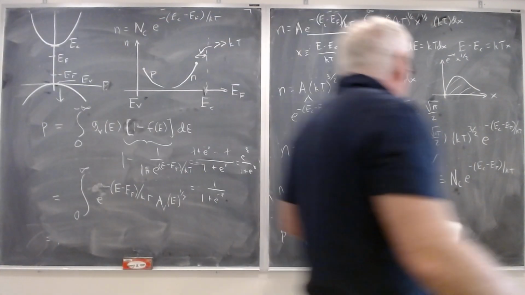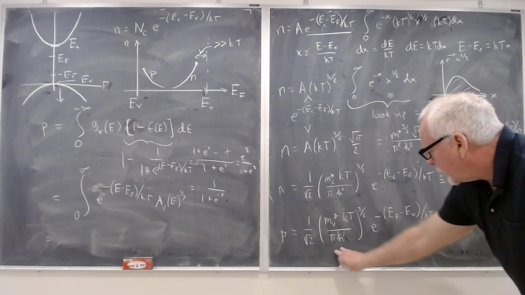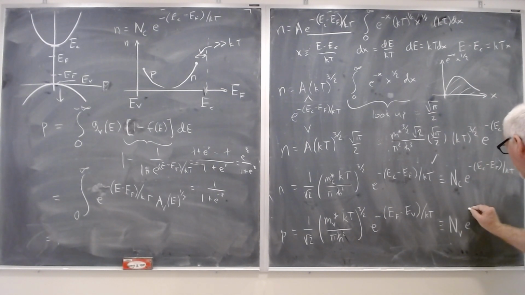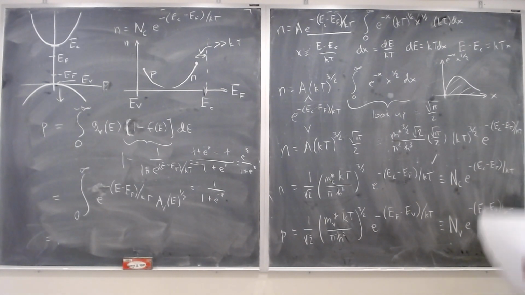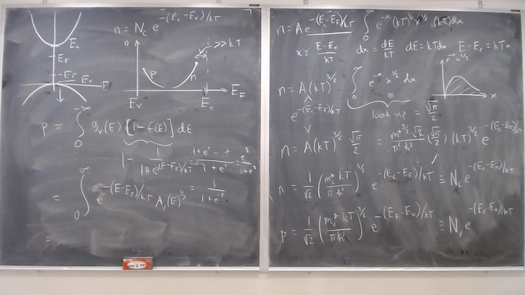So it's pretty neat, really, and I can complete my analysis here by defining this thing as N sub V. EF minus EV over kT. And what you see is that NC and NV are the same thing except with the different effective masses. If the effective masses of the valence and the conduction band were the same, they would be equal to each other.